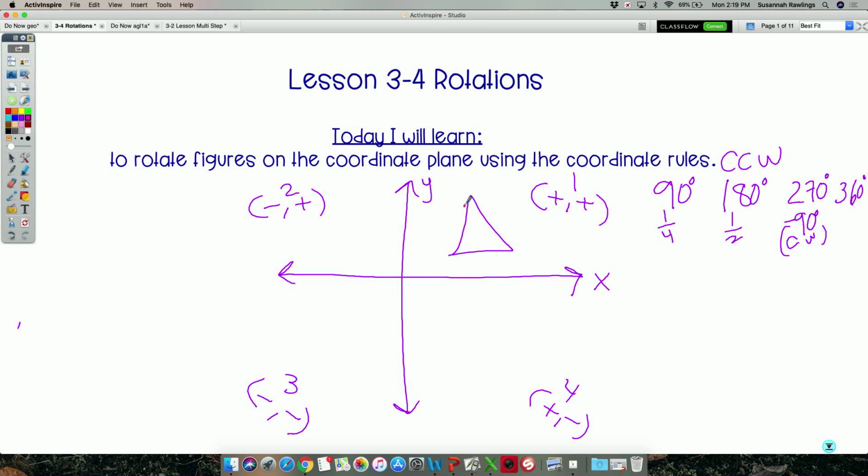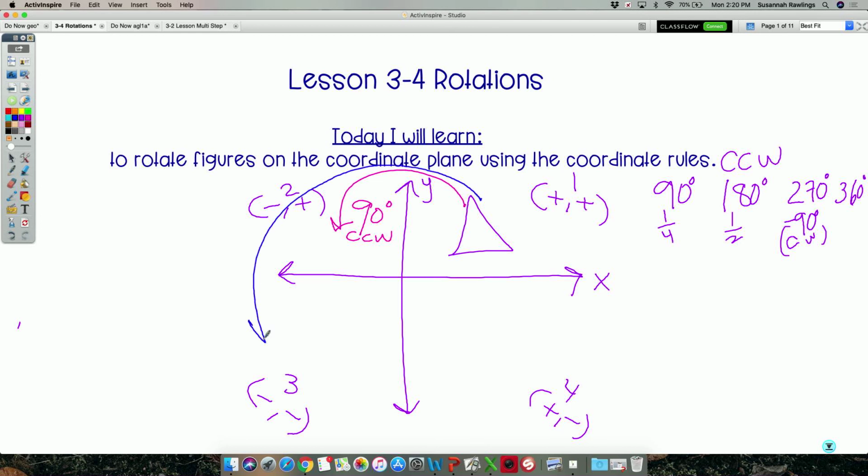I would start in quadrant 1. Where would this triangle end up? Two. Good, in quadrant 2. So it's really simple. We're just moving from one quadrant to the next. So that would be a 90-degree rotation counterclockwise, positive 90 degrees. Okay, so we're just moving to one quadrant. If I did 180 and started in quadrant 1, where would I end up?